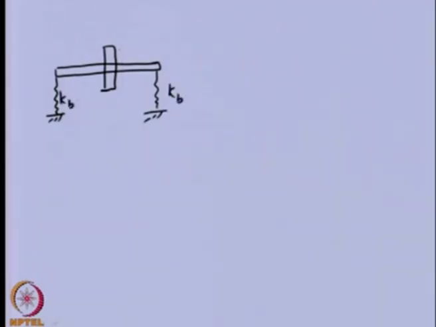The rotor mass is m. You can see that these bearings are in parallel, so the effective stiffness which this rotor is experiencing is 2 Kb.